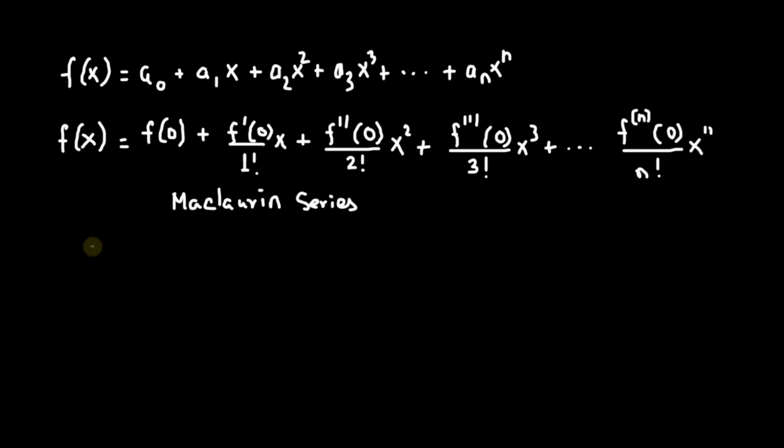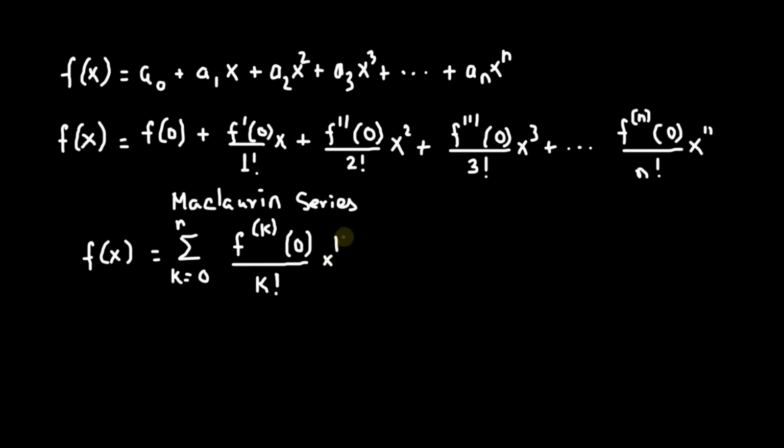In a more condensed form, the above Maclaurin series can be written as f of x equals the summation, k going from 0 to n, of the kth derivative of f calculated at 0 divided by k factorial times x raised to the power of k. So this is a Maclaurin series for a finite number of terms, n terms.